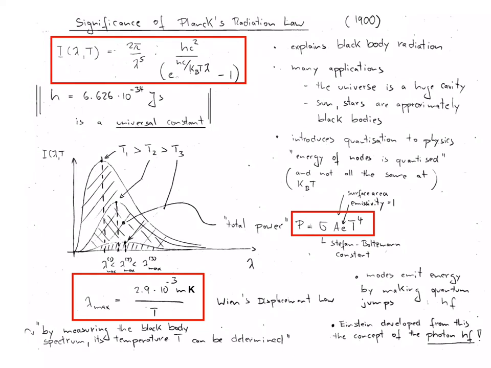So a slight increase in temperature results in a huge increase in emitted radiation power.